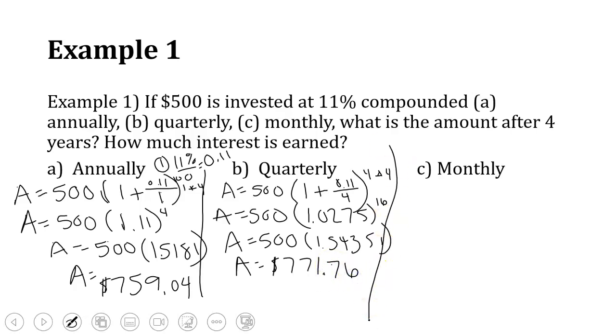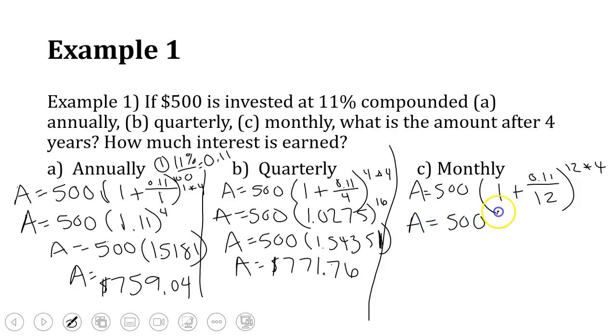All right, so now let's do it monthly. Same thing. So I have my A, my 500, my 1 plus my rate at the top over. Now monthly is not 4, look at the chart. Monthly is 12. So that goes at the bottom, 12. And then raised to that compounded number times time, the 4 years.